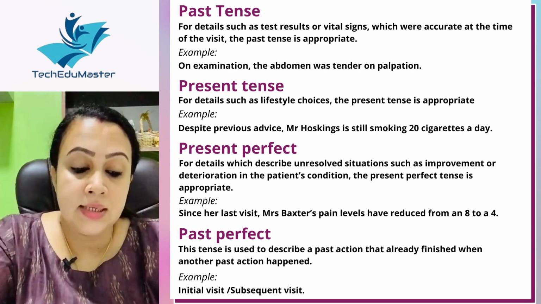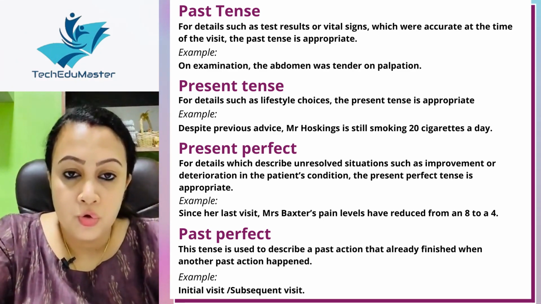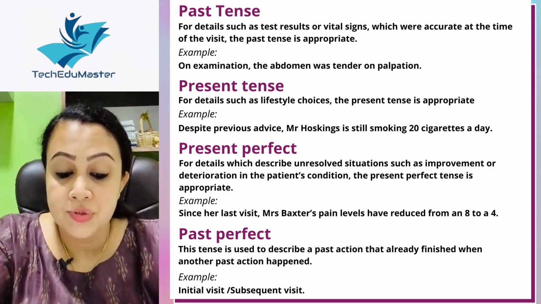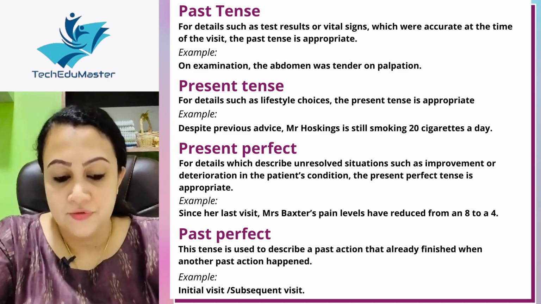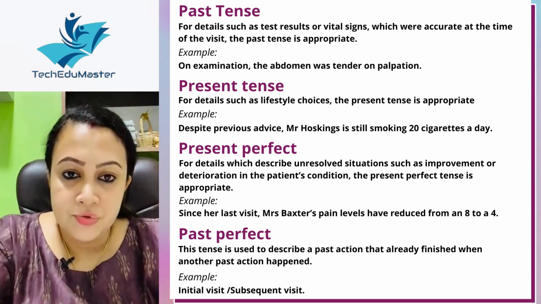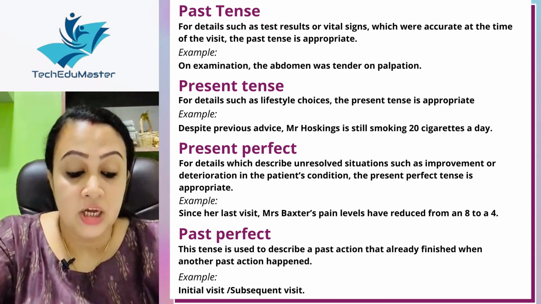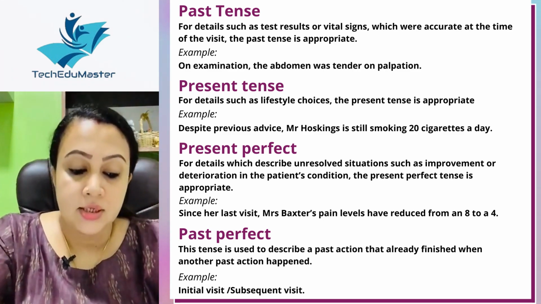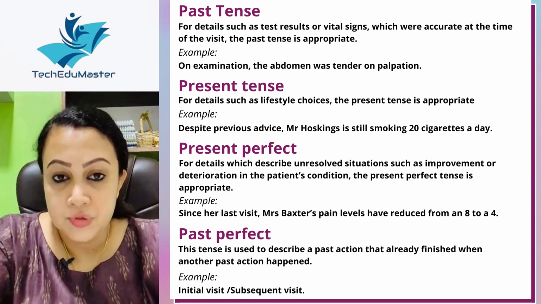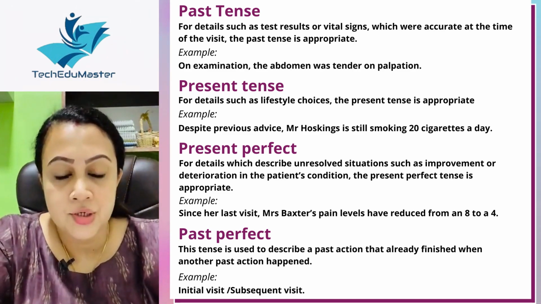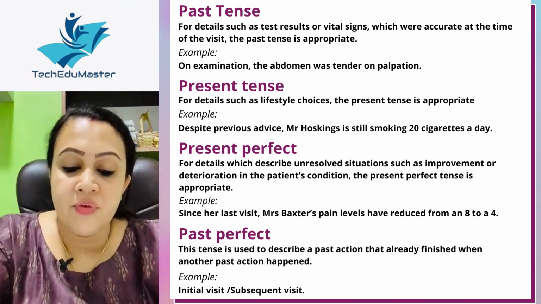Another thing is that sometimes you may need to use since, for or over when you are using present perfect tenses. I can give an example for each. Using for: I have been treating Mr. X for the last 3 years. Using since: I have been treating this patient since 2004.